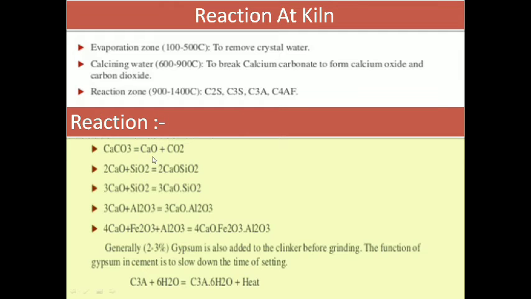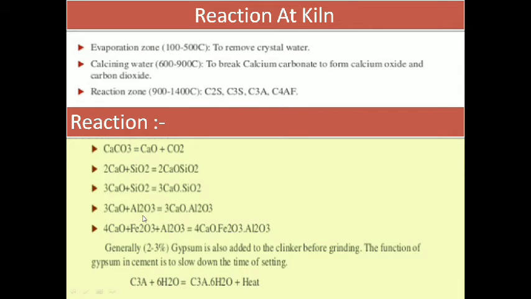gives calcium oxide plus CO2. Then this calcium oxide again combines with silicate, which gives calcium oxide containing the silicate. Then again with addition of one more silicate, it gives 3 CaO·SiO2. This 3 calcium oxide again combines with alumina.